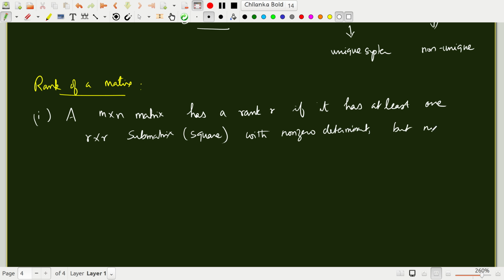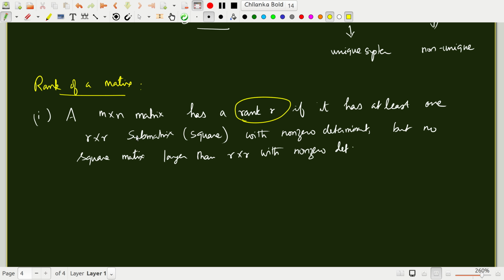But no square matrix larger than R by R with non-zero determinant. Okay, this is the largest square matrix. R is the dimension of the largest square submatrix with non-zero determinant.